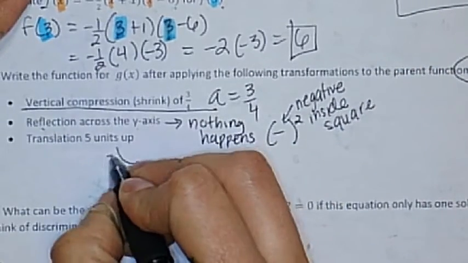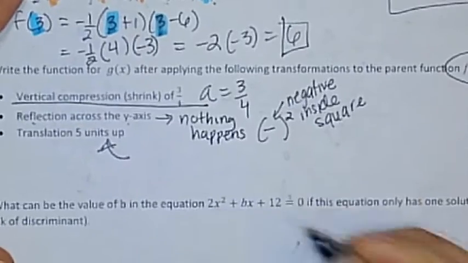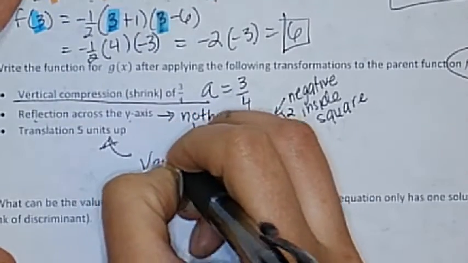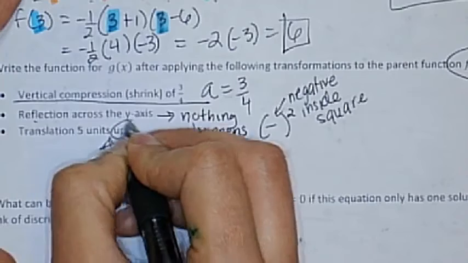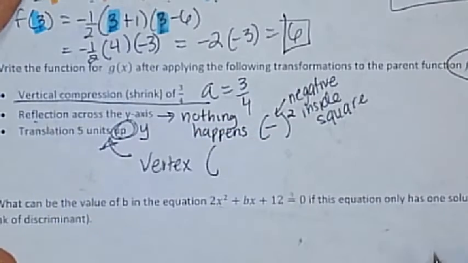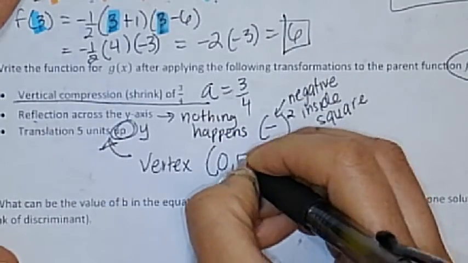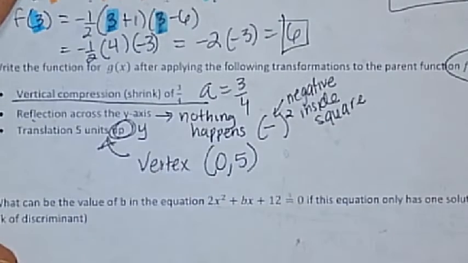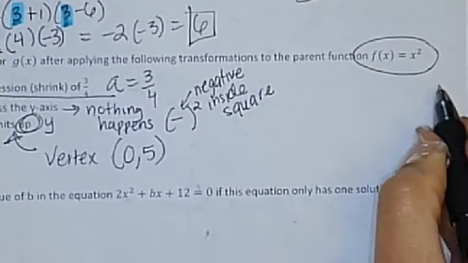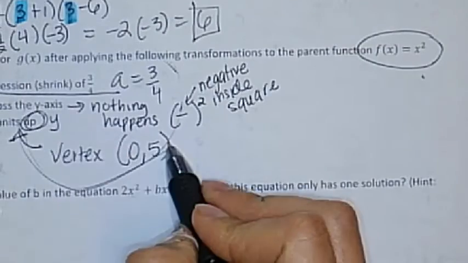And then translation, 5 units up, so the vertex will now be up is in the y, so 0, 5. Okay? So we're going to take this and do all of this to it.